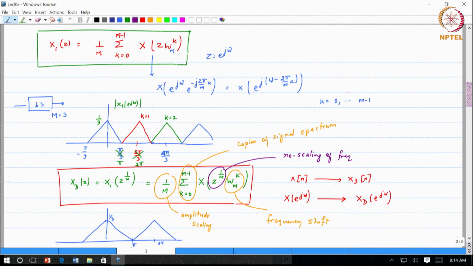So, for the downsampling process, my recommendation would always be to think in terms of an intermediate signal x1 of z, which is the input signal multiplied by a comb sequence, which will give you this spectrum, scaled, shifted, multiple copies. Then the last step of getting the spectrum will be just the requirement that you have to rescale the frequencies and make sure that you are looking at a period from 0 to 2 pi. Okay, any doubts on the notation that we have used?